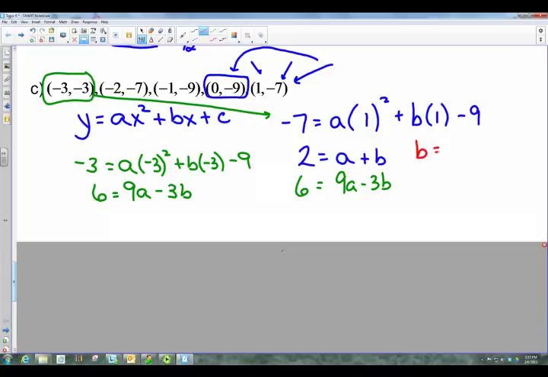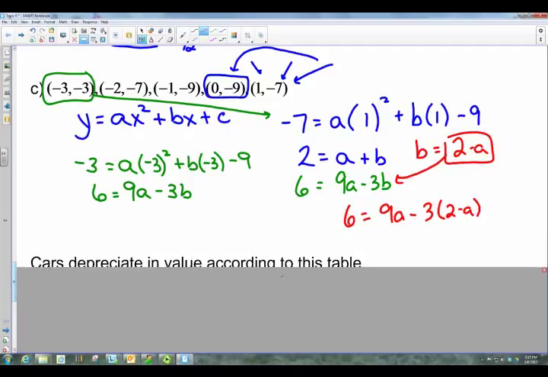Okay, so we'll go b is equal to 2 minus a. So we substitute this in right to here, and we've got 6 equals 9a minus 3 times 2 minus a.